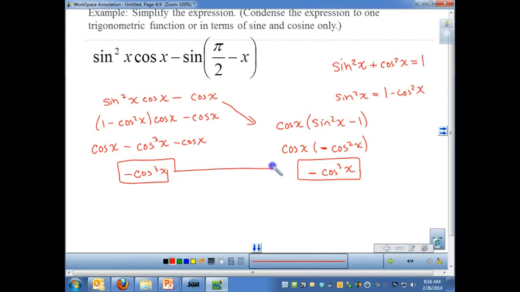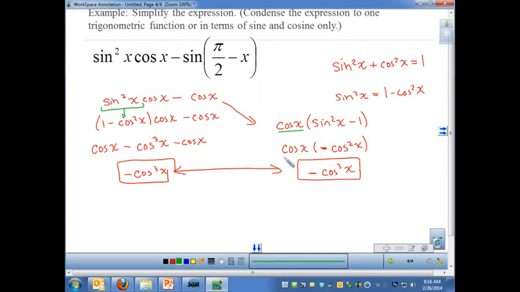Notice I get the same thing. So some of you might have thought to replace this sine squared of x first with this. Some of you might have seen, well, let's factor out the cosine of x. Both of these are correct solutions. We get to the same identity. So they're both right. They're just two different ways to approach the problem.